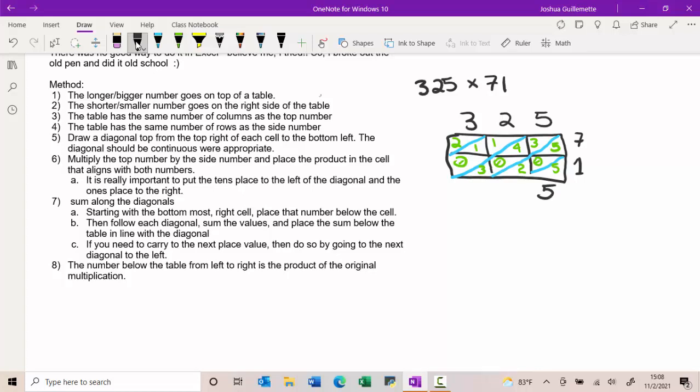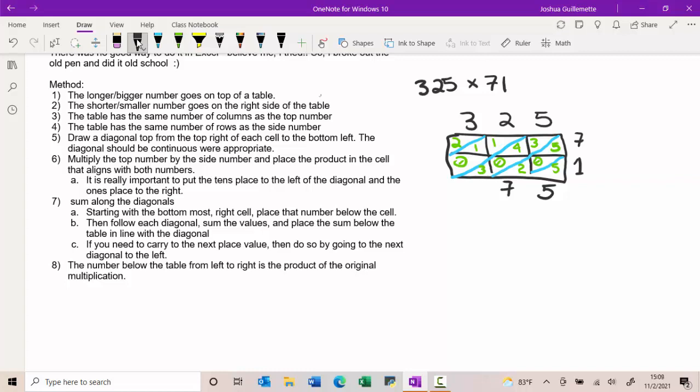Now, we're going to follow each diagonal, summing the values and placing the sum below the table in line with the diagonal. So this is below the table. So 5 plus 0 is 5. 5 plus 2 is 7, in line with that diagonal. 3 plus 4 is 7. 0 plus 7 is 7.